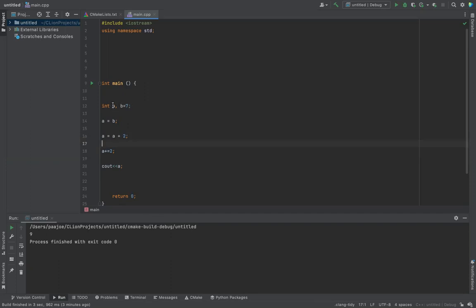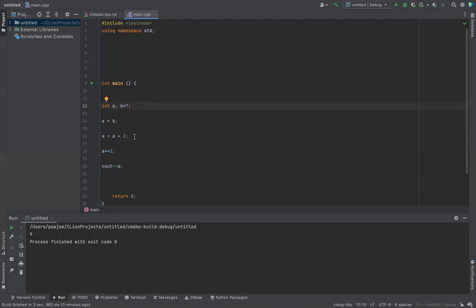In A, I declared it here and I'm saying A is empty, and I said 7 is stored in B. Then I came here and I said, okay, store that same number in B in A. So up to here I'm having 7 in A. Then I came here and I said, okay, 7 plus 2, output it for us. Or A plus is equal to 2.